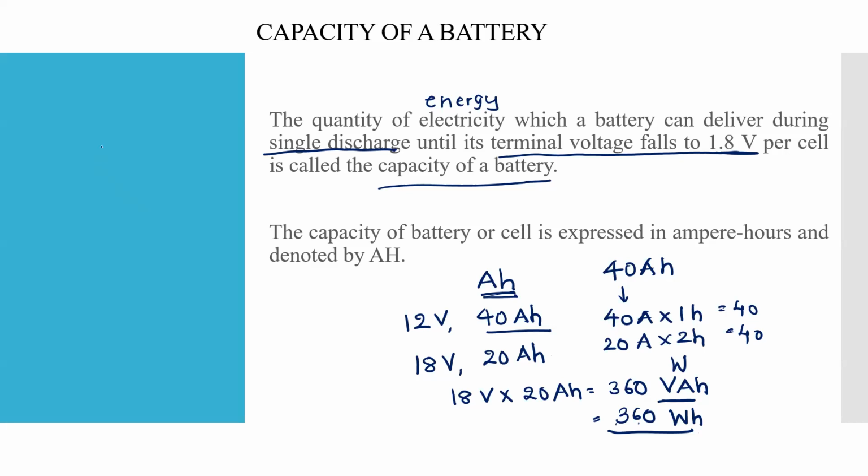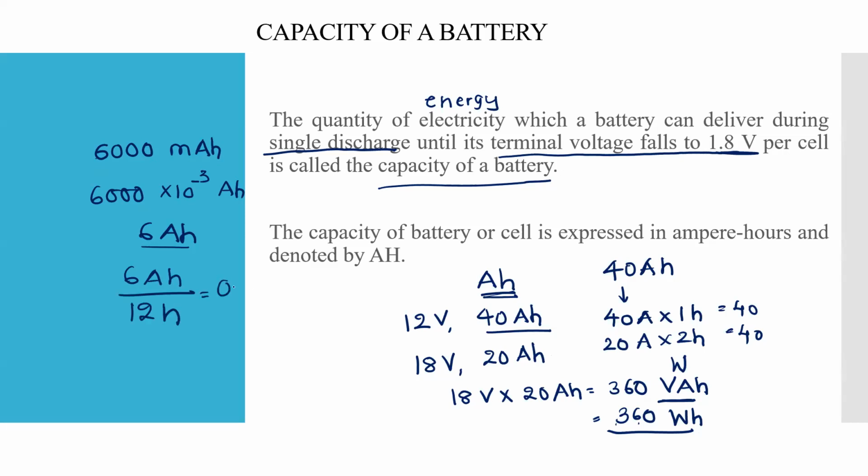So you can proudly say that my battery is 6,000 milliampere hour. 6,000 milliampere hour is 6,000 into 10 raised to minus 3 ampere hour. That means it is a 6 ampere hour battery. Now, if you use this continuously, it lasts for 12 hours, and 6 ampere hour lasting 12 hours means it is 0.5 ampere.